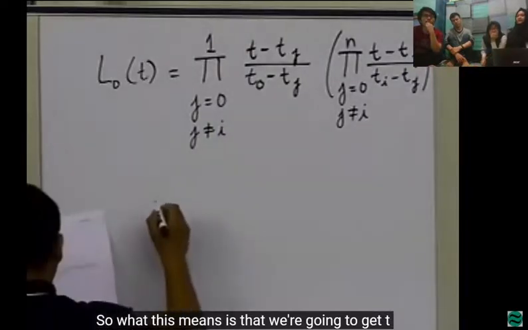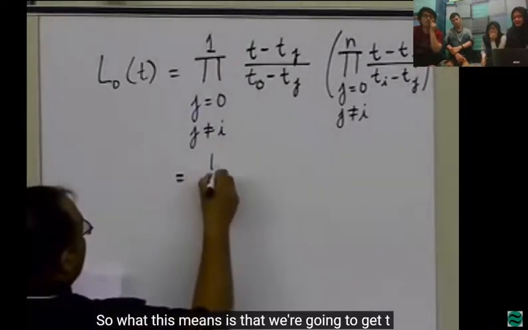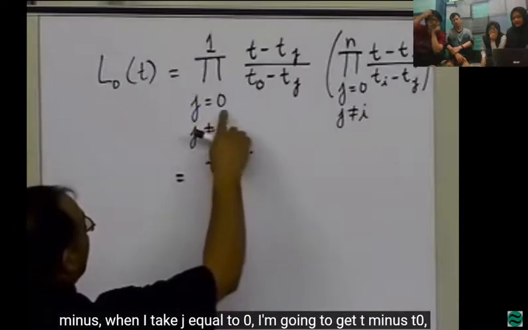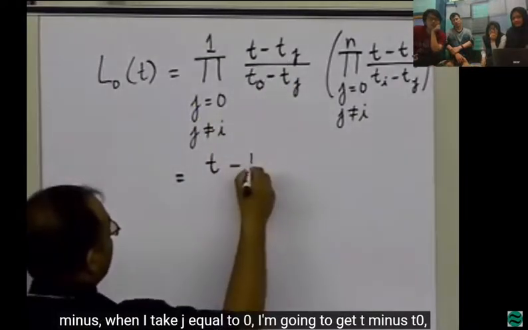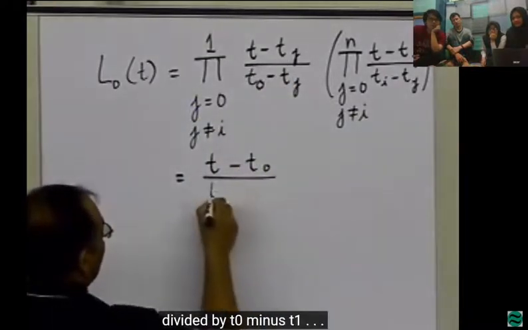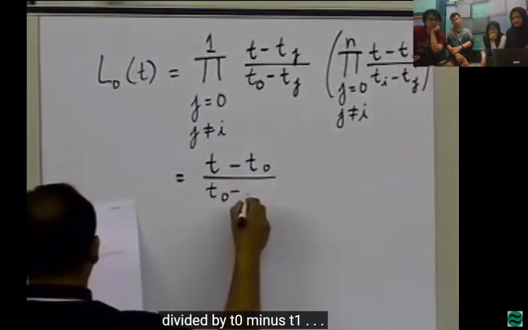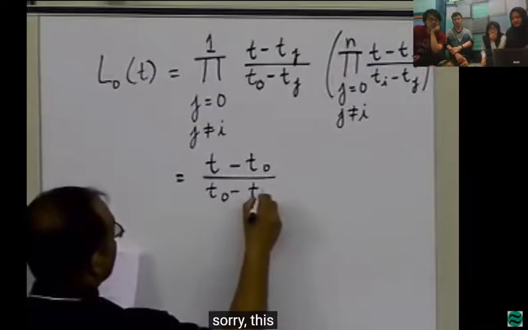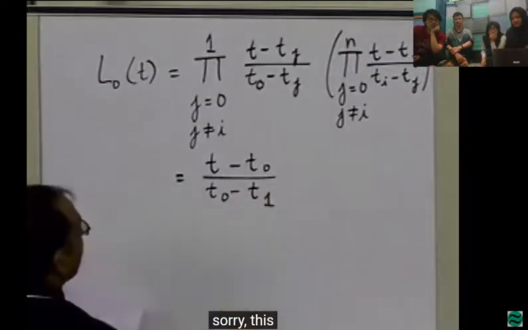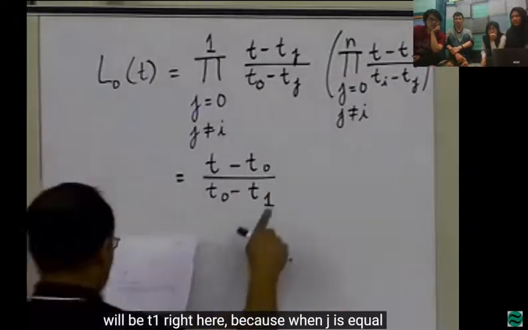So what this means is that we're going to get t minus t sub 1 divided by t naught minus t sub 1. Sorry, this will be t sub 1 right here.